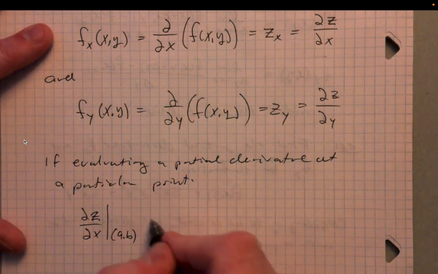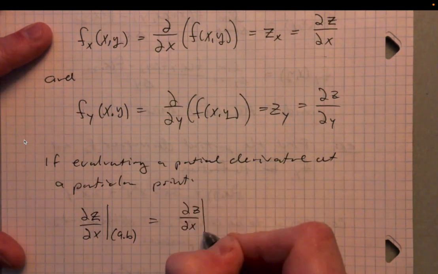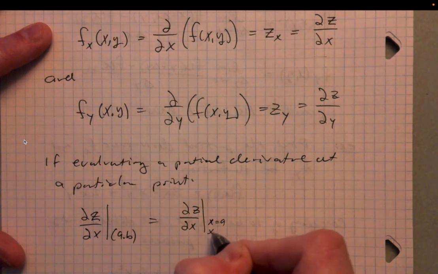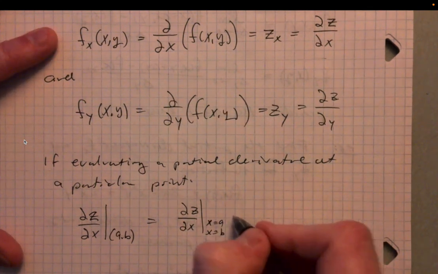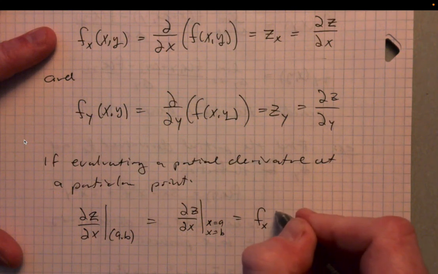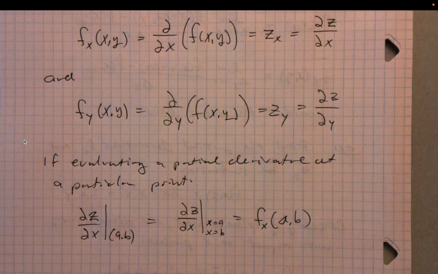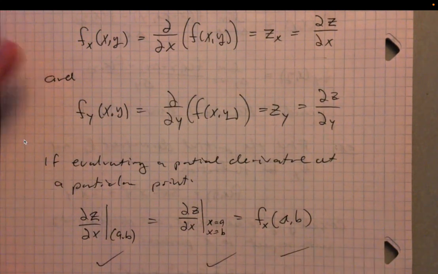Or I've seen it like this. Something like that. Or you could also do this kind of thing, of course, evaluate the actual function there, like that. These are just the cases where you have to plug a value into a partial derivative. And so how would we notate that? This is common.